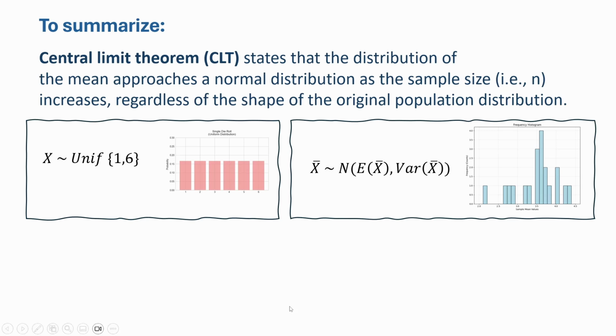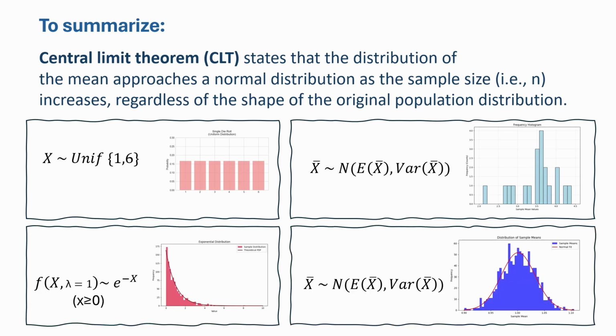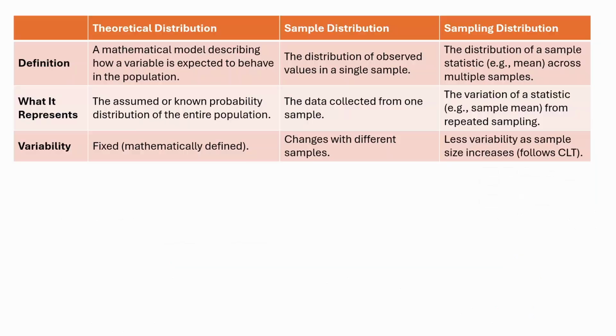The example we just used was that x followed the uniform distribution, but its sample mean follows a normal distribution. And actually not just uniform, it can be other distributions as well. For instance, it can be exponential distribution. So this is the exponential distribution, we use lambda as 1, and we plot it. And then this is the sample mean distribution.